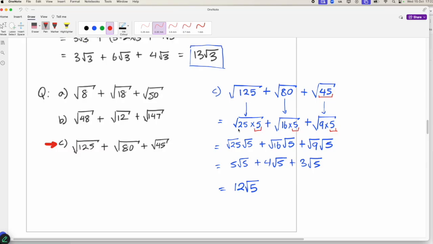And of course here, 25, 16, and 9 can all be reduced in terms of the square root. Right? So those are not surds. And so we have root 25 times root 5, root 16 times root 5, root 9 times root 5, which gives us 5 root 5, 4 root 5, 3 root 5, and that adds up to 12 root 5.